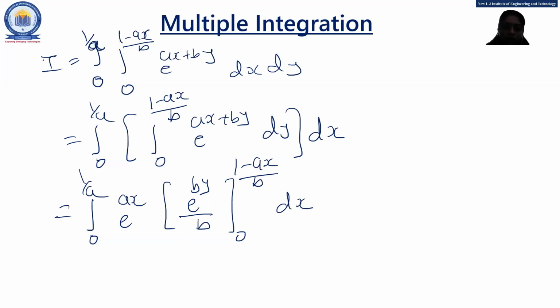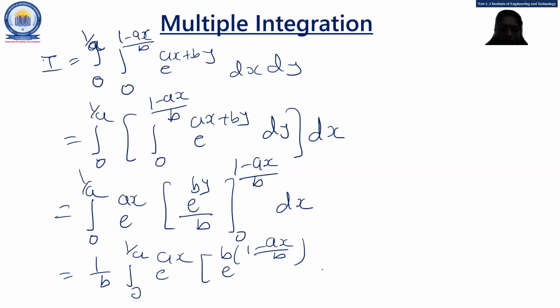Now, after substituting the upper and lower limits, since b is constant, I take 1/b out of the integral: 1/b times the integral from 0 to 1/a of e^(ax) times [e^(b times (1 - ax)/b) - e^0] dx.